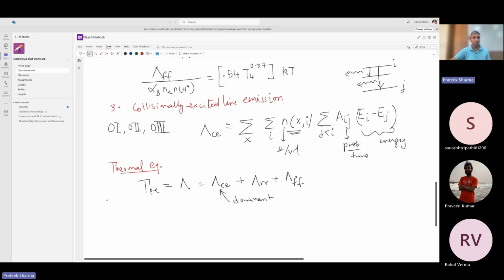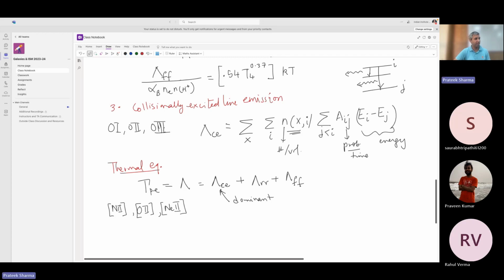Some of the common cooling species are nitrogen 2. In fact, most of these transitions are forbidden transitions. The major coolants are forbidden metal lines like N2, O2. I'll show this in the slides. Neon 2. All these occur in H2 regions.